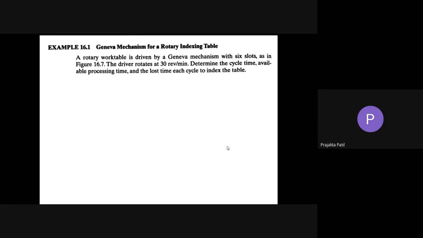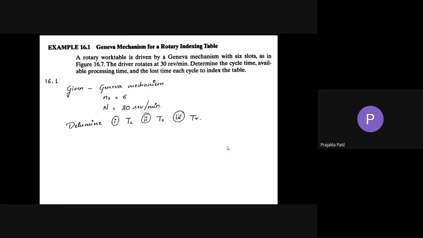So just write down the given data. So this is the given data.